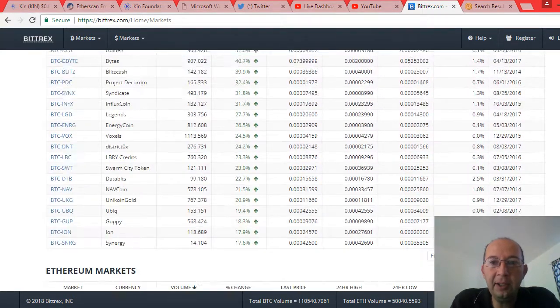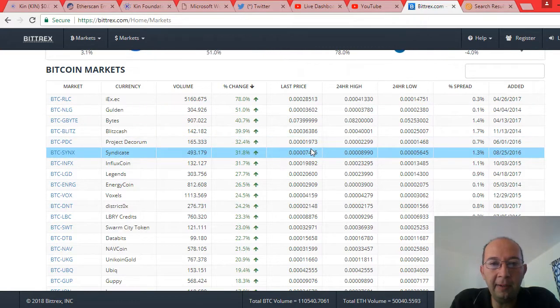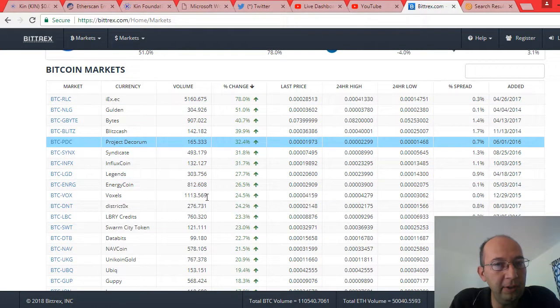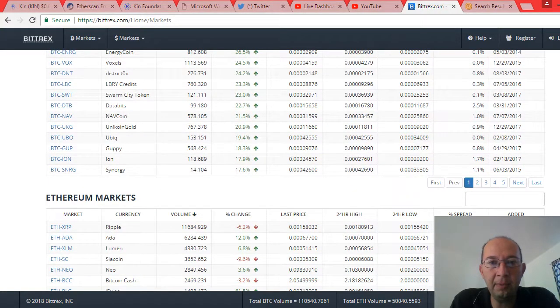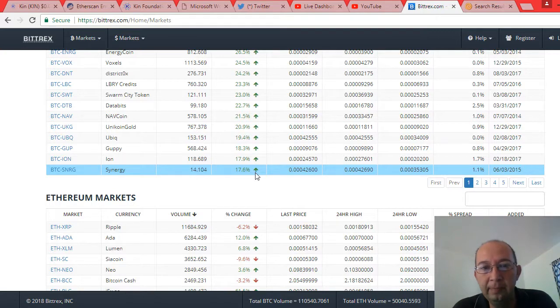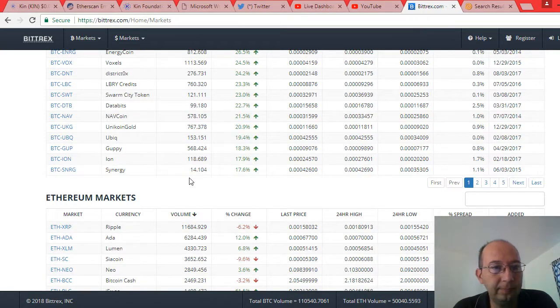Now, there's something else to consider about that. Sometimes you'll see altcoins shooting through the roof when everything else is dumping and Bitcoin's failing. Or sometimes you'll see altcoins rising that have no reason to be. Look here, this has a very low volume and it's rising.